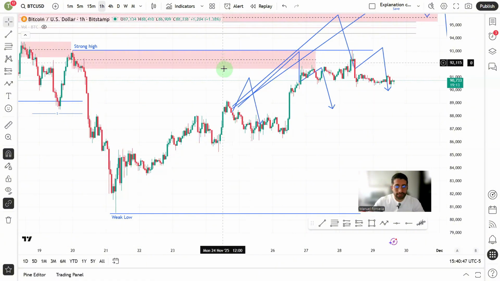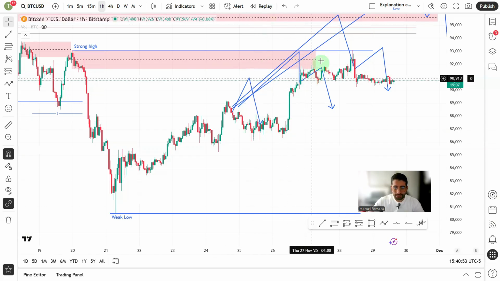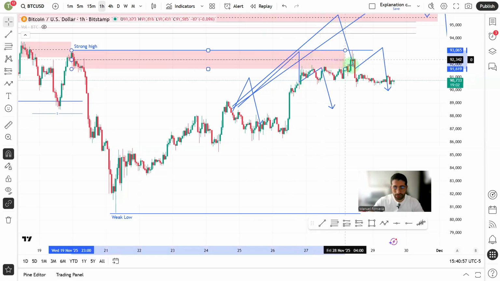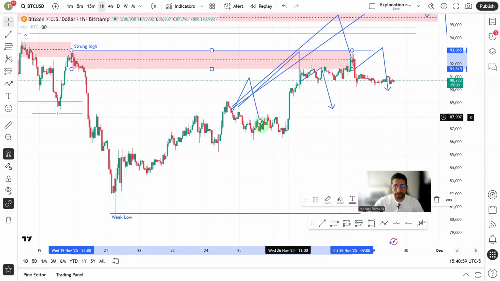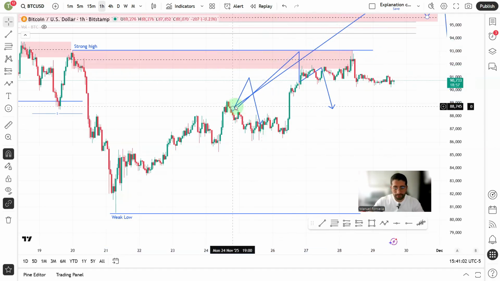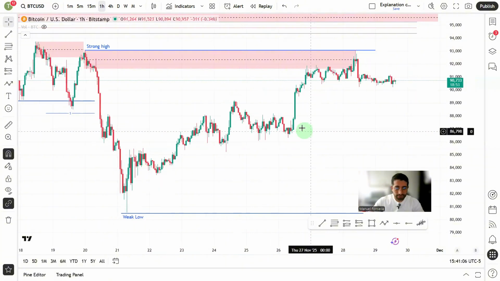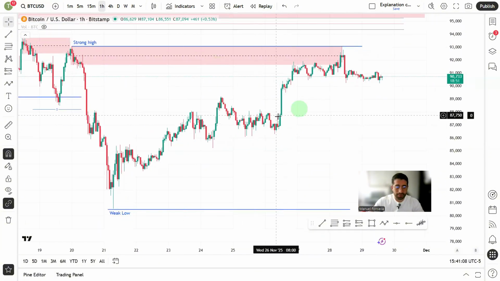It will react in these zones that are marked right here. And look, that's very interesting. The price actually did get to this area, and now currently is having a reaction. What will happen after that? Well, we just have to follow up. If you want to see that video, I recommend you watch it.